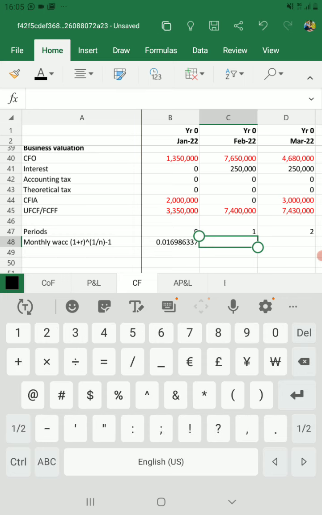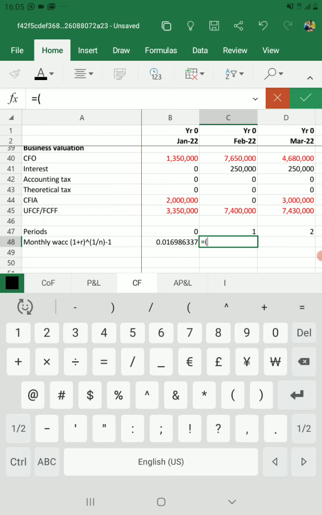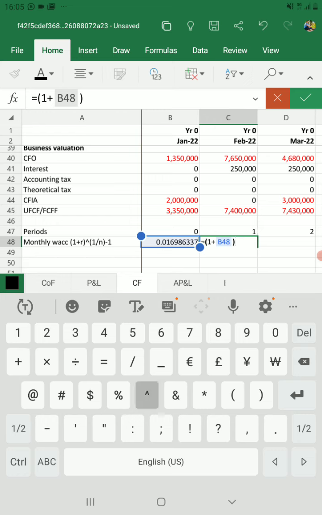So we start with equal sign, then open the bracket, 1 plus this monthly rate, close the bracket, then raise it to the power of n, which is 12 in this case, and then we minus 1.